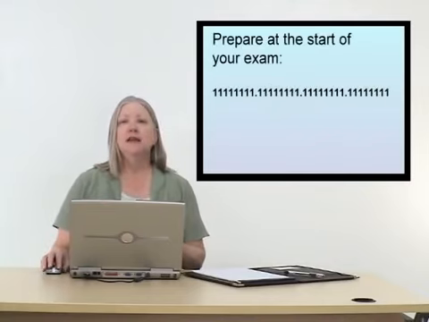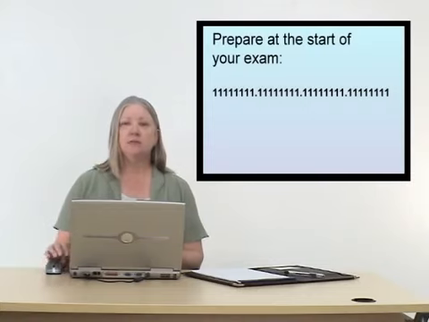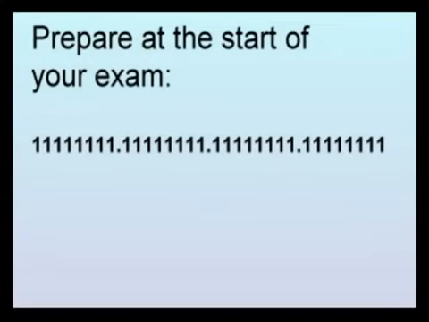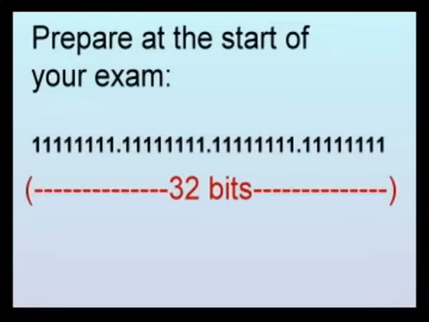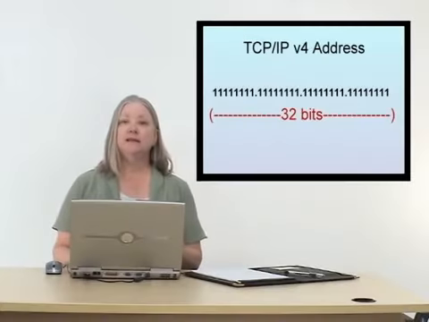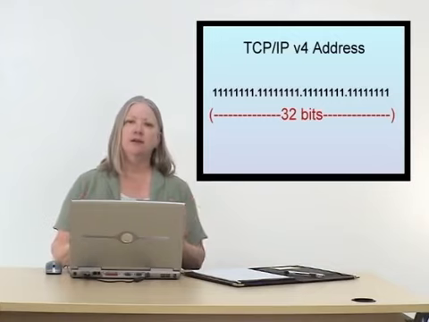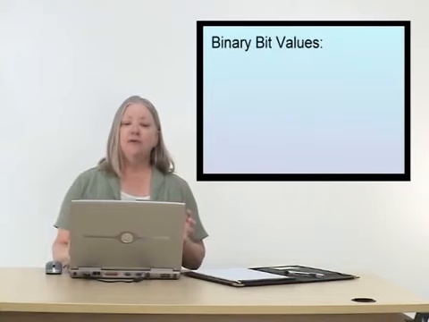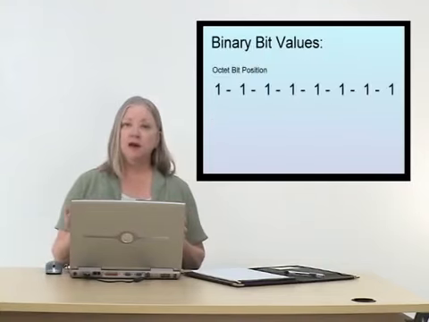Now, one of the things that I like to do when I'm starting the exam is to take the sheet that I get and write along one side of it the 32 bits of a TCP/IP version 4 address like you see here. It gives me a work area to use as I'm answering my questions. Another thing that I like to add are the bit values for at least one of the octets.